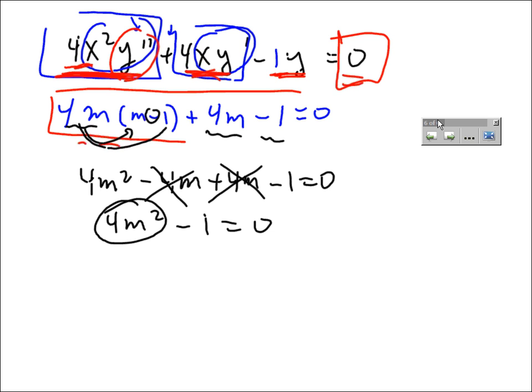I don't care what that looks like in the circle. It must be 1, because 1 minus 1 is 0. I don't care what you are calling the number. In this case, we're calling 1 4m squared. 4m squared represents 1.